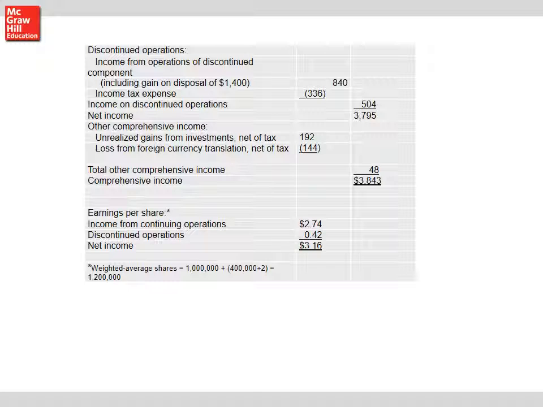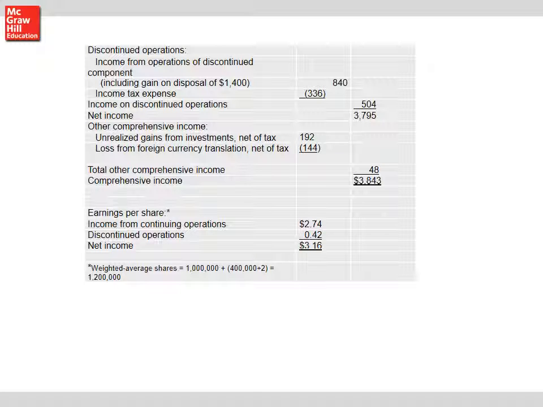okay, the weighted average shares, let's make sure we understand this. They tell us that the company had 1 million shares at the beginning of the year and sold an additional 400,000 in the middle of the year.